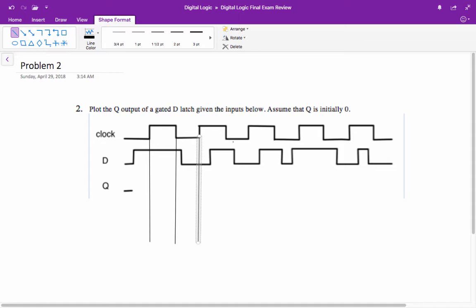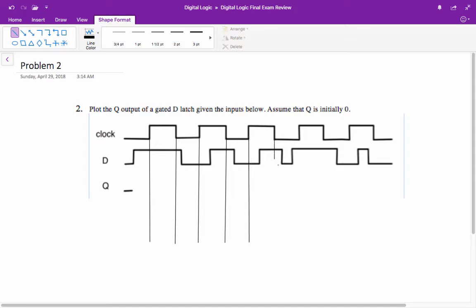This makes it different from an edge-triggered flip-flop, because an edge-triggered flip-flop only changes once at each clock cycle. It's only going to change at the positive edge or the negative edge, depending on what kind of flip-flop it is. But a gated latch can change the entire time that the clock is 1.